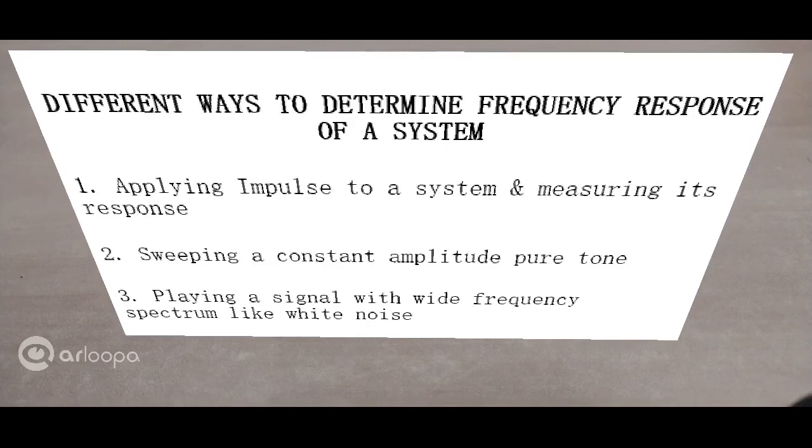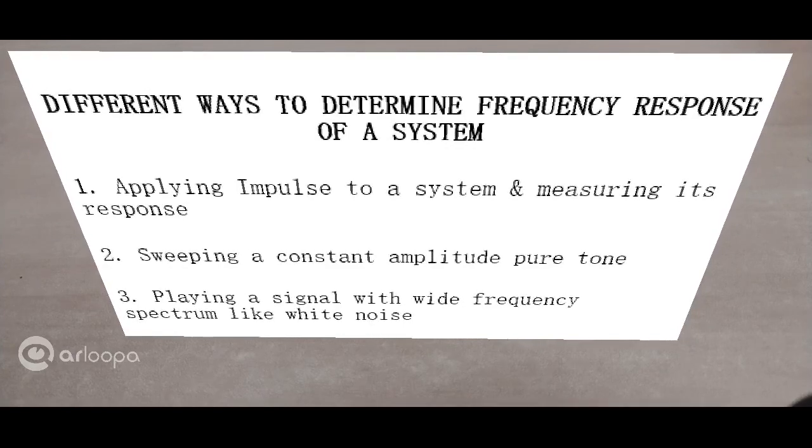Alright, there are different ways to determine the frequency response of a system. There are three ways. The first is applying an impulse to a system, meaning exciting the system by striking it and then measuring its response. Now, its response can be measured in two ways. You can connect an accelerometer and measure the vibration, the X, Y, and Z accelerations, or you can put a microphone in front of it and capture the sound emitted by the system.